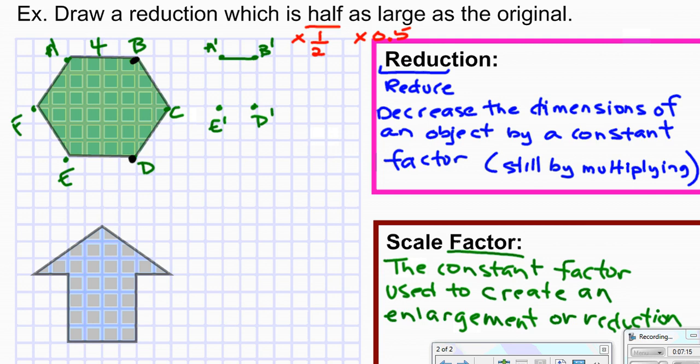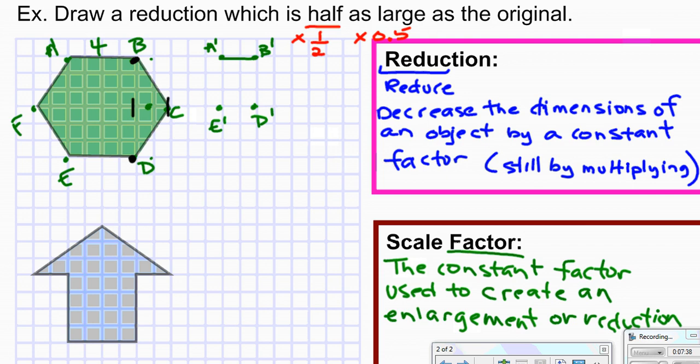Okay. The last 2 points we need to figure out are C and F. And C is halfway between B and D. And so that means it needs to be halfway between B prime and D prime on our new shape. The other thing we need to look at is, well, how far away is it from B this way to the side? And it's 2 squares to the right.